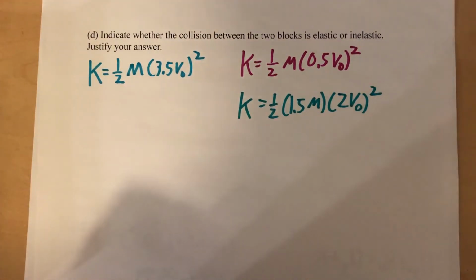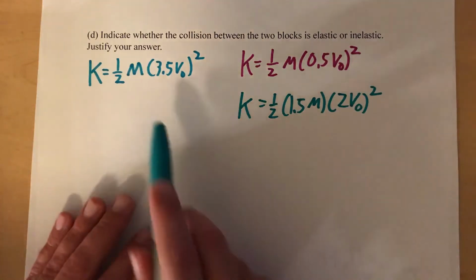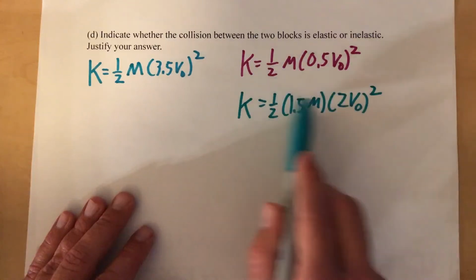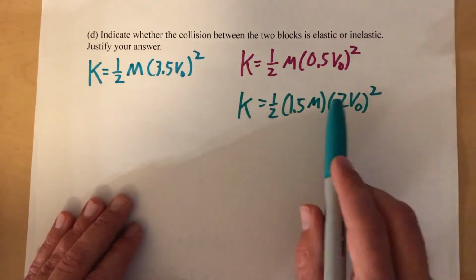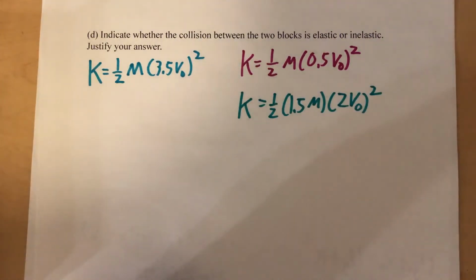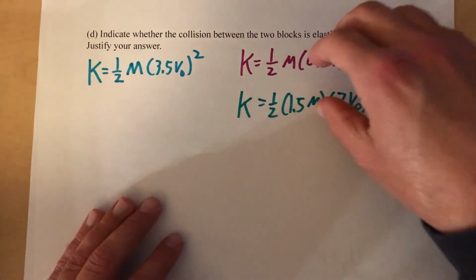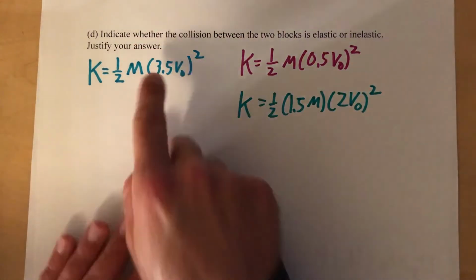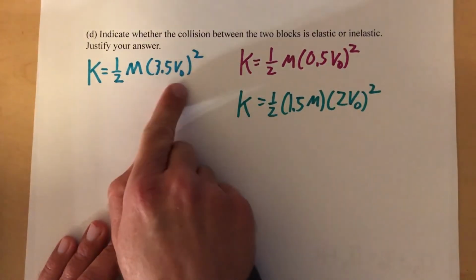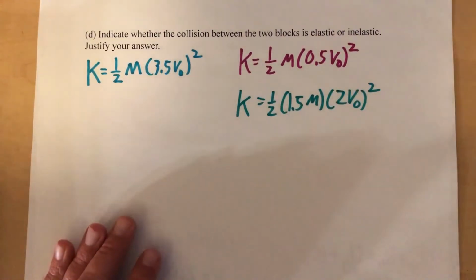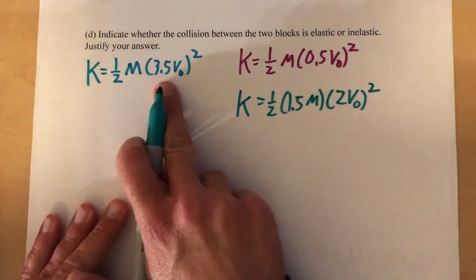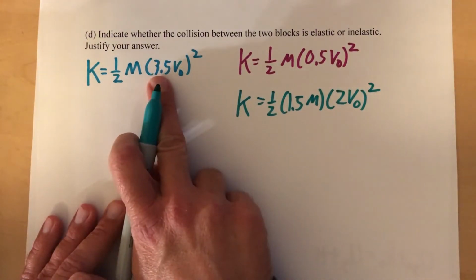So when you work these out, you have to compare this amount of energy in this case with each of them here. And if you do all that, you'll realize that there is less energy in this case than there is in here. You can actually work it out and check it. The v0 squares are in each one, the halves are in each one. So really what you need to pay attention to is the numbers inside the parentheses.